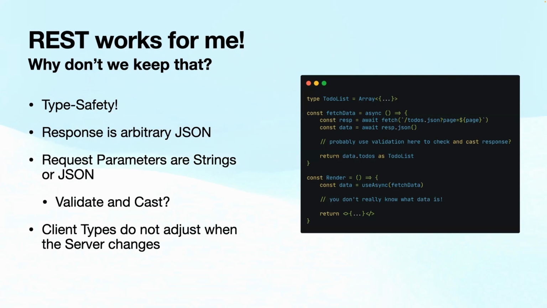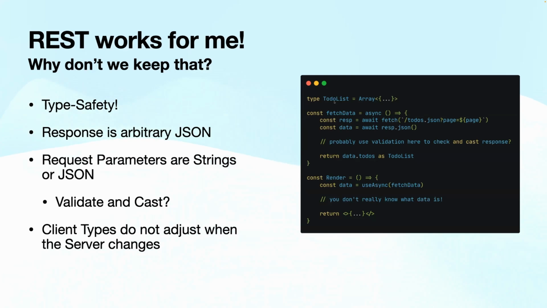What you can do is, when you get back your REST response, push that into a validation script and check if everything's there where it should be, and then cast to a type, which you can see on the right more or less. So you're casting the response object to a type, a to-do list, so that you can work with a proper type.